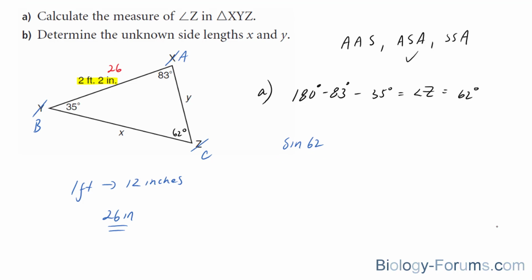And now we can go ahead and find out what Y is equal to. So 35 is the corresponding angle to side length Y. To solve for Y, we will cross multiply like we did in the previous example.